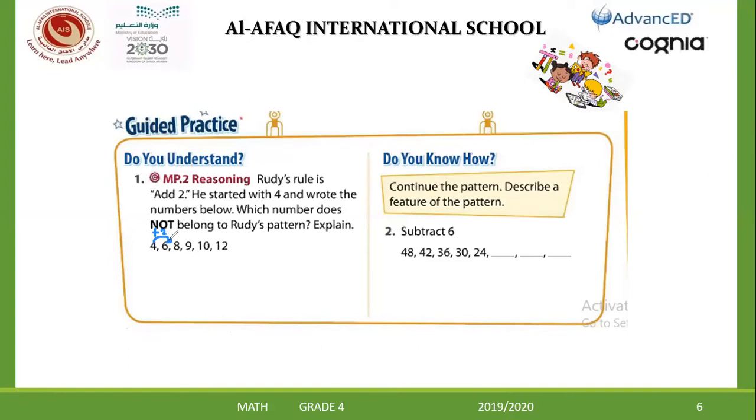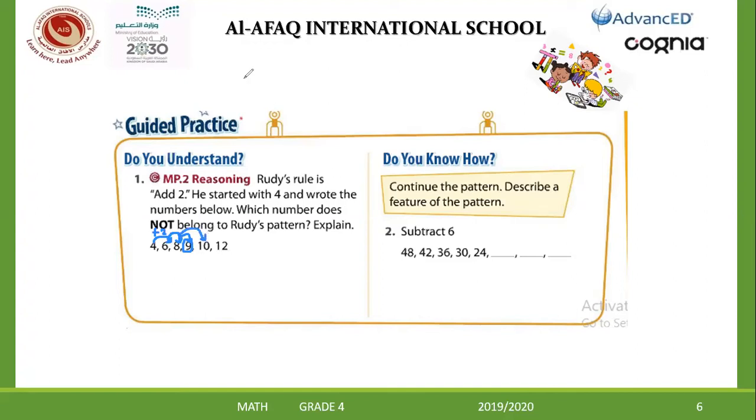Use the same pattern rule. Plus 2, you will get 8. If you add 2 here, you will get 9? Of course not. So this 9 doesn't belong to Rod's pattern, because the number after 8 by using this pattern rule should be 10.